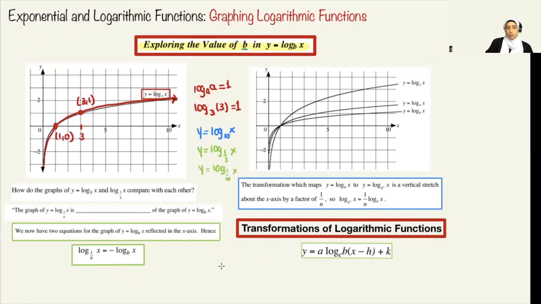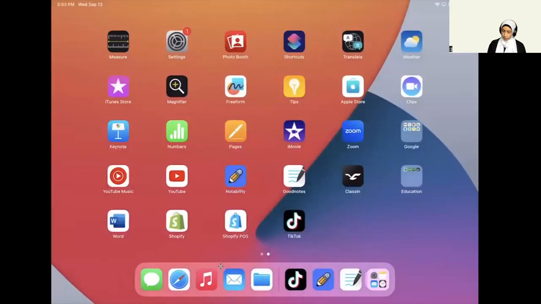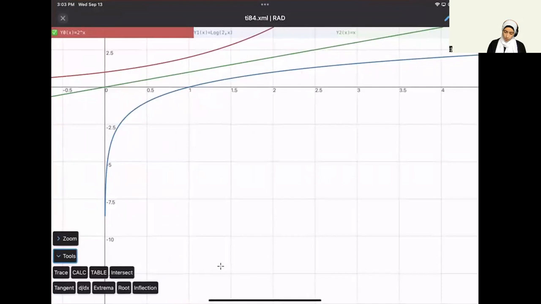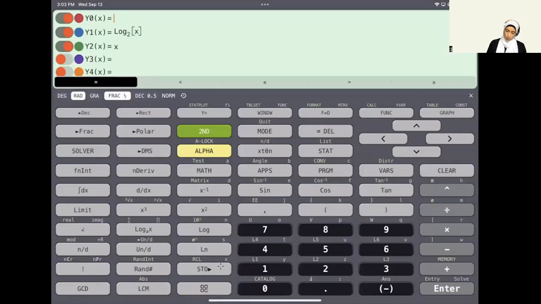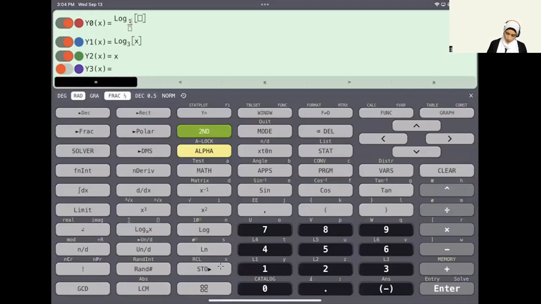All right, and then once we do this, we want to understand how this affects our graph, right? So let's go and do this on our graphing calculator over here. Okay, so this was an old one. Let's create our new ones. So over here we have log base 3, so that's one of them. And then we could put over here log base 1 over 3 of x.